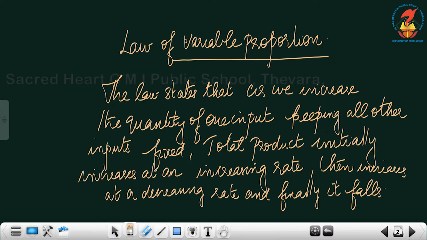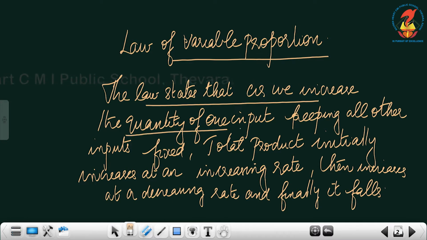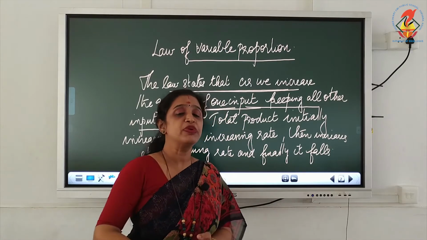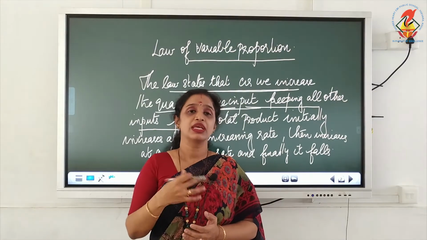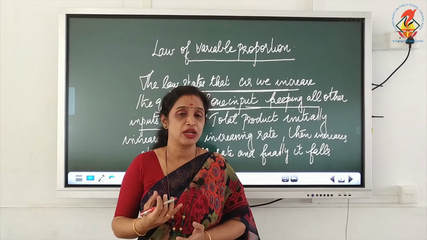The law of variable proportion states that as we increase the quantity of one input, keeping all other inputs fixed. Once again, as we increase the quantity of one input, which are the major inputs used for the production process: land, labor, capital, organization.